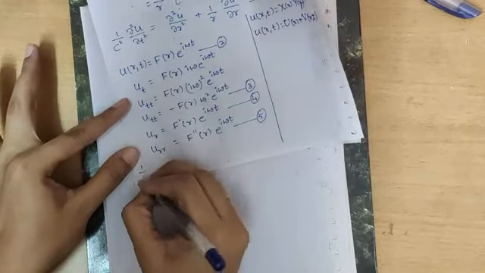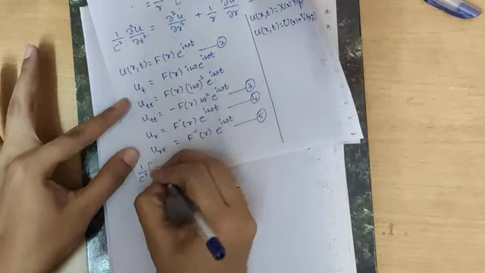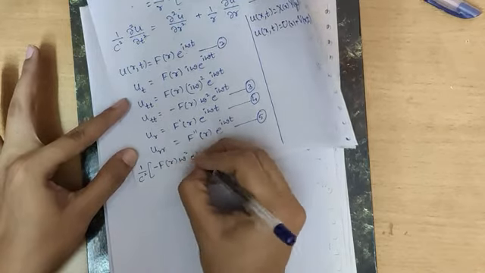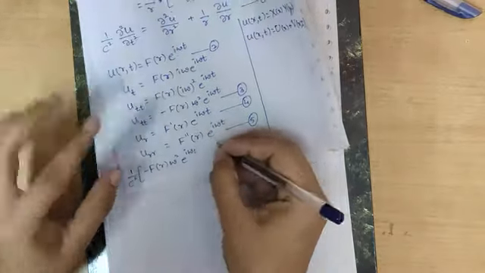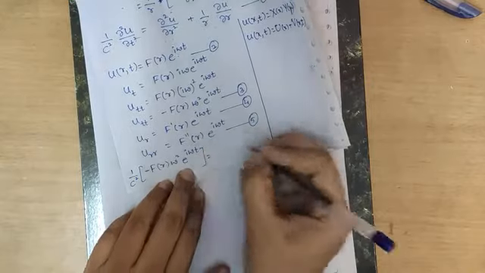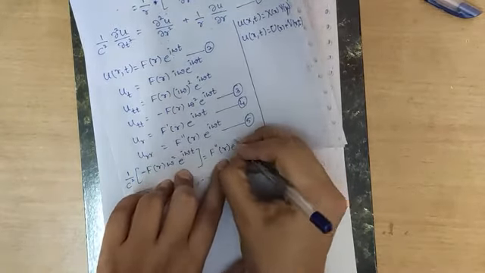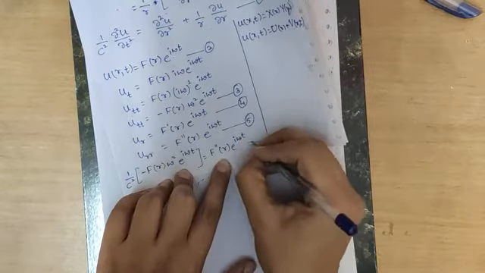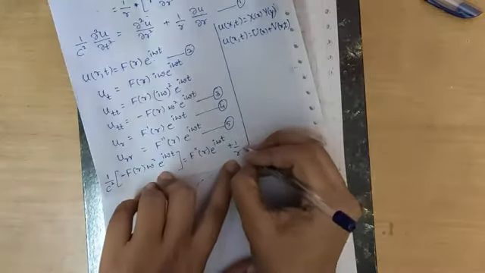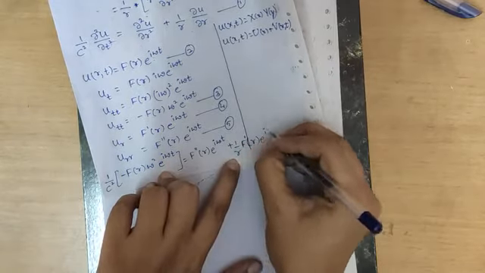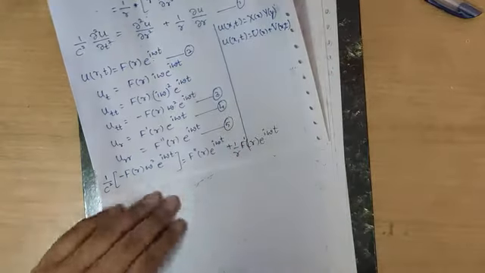So you will get 1 over c square into minus f of r into omega square e power i omega t is equal to f double dash of r e power i omega t plus 1 over r into f dash of r into e power i omega t.